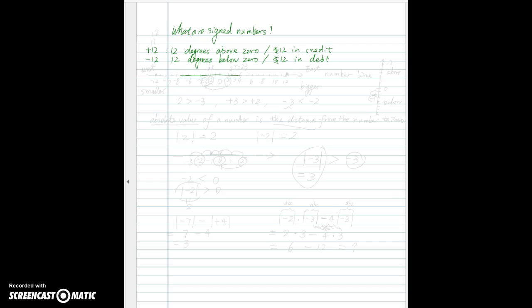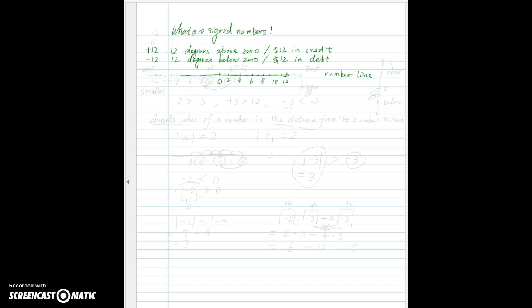If we draw a number line, so this we call a number line. On the number line, we put a 0 in a certain place, and we can do units. 1, 2, 3, 4, 5, 6, 7, 8, 9, 10, 11, 12.